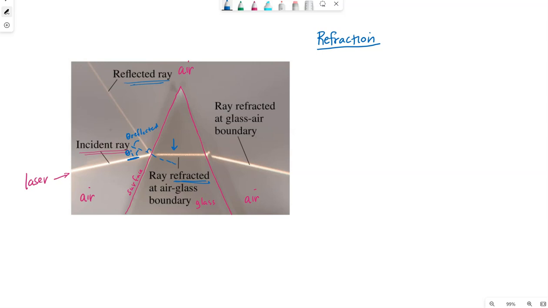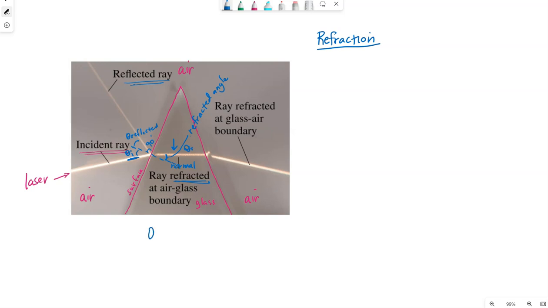So it makes a 90-degree angle with the surface. Theta incident is measured relative to that normal line. Over here in the glass, if we measure from the normal line to the light ray, we call this the refracted angle. I'm going to call it theta sub r.